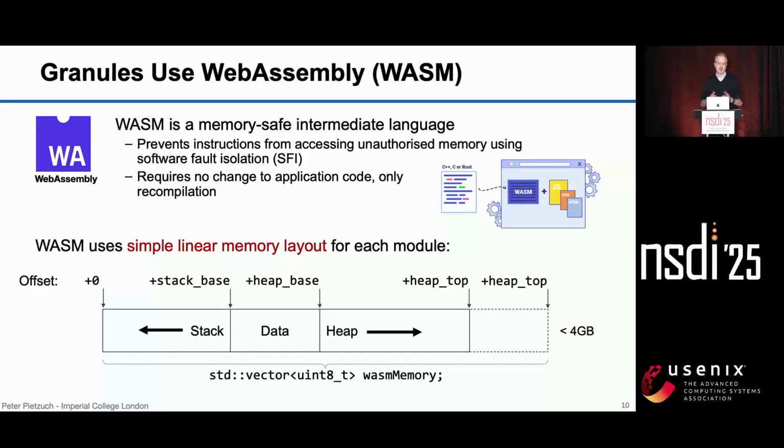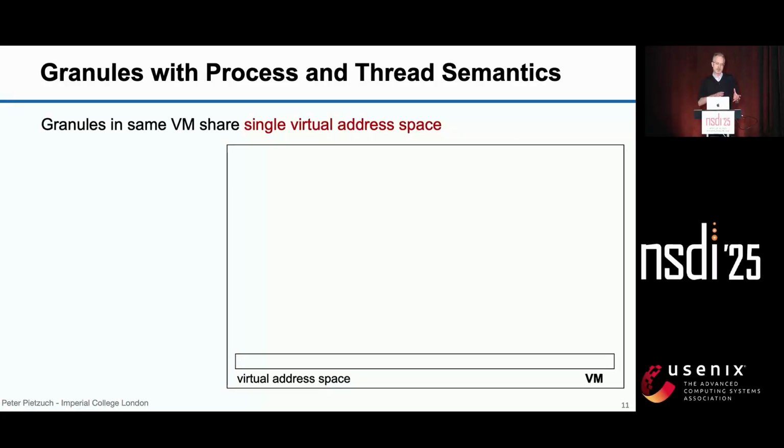And so this simple memory representation enables us to define granules in a way that they can execute both with process and thread semantics. So how do we do this? All granules that execute on a given virtual machine share a single virtual address space.